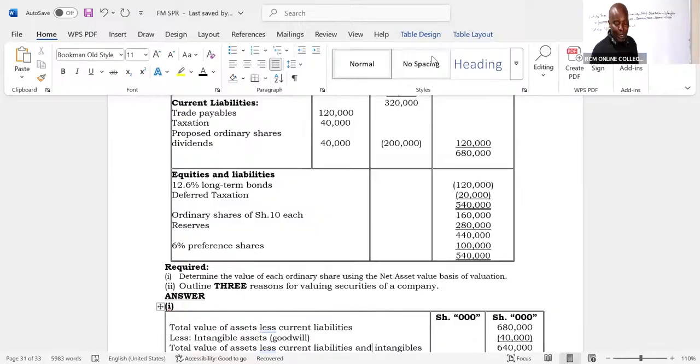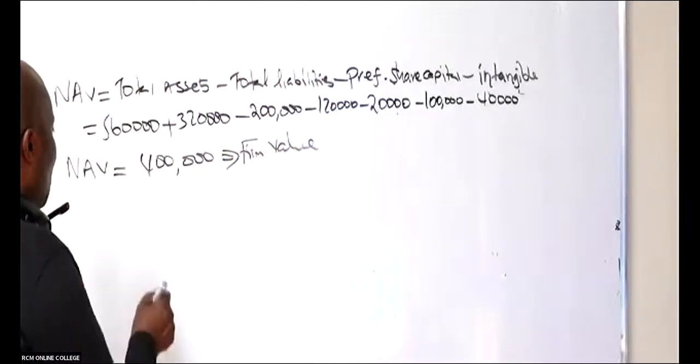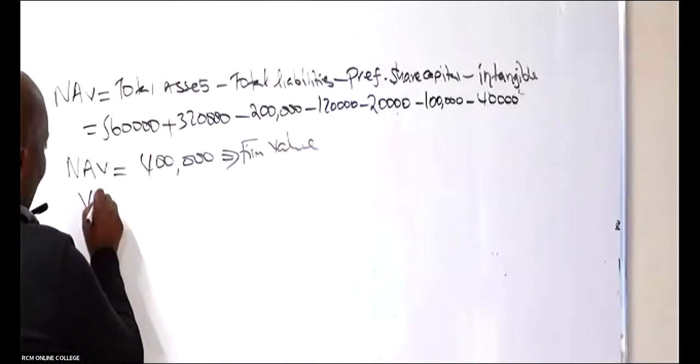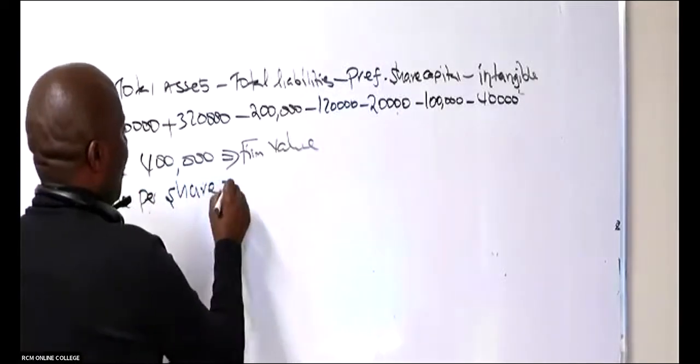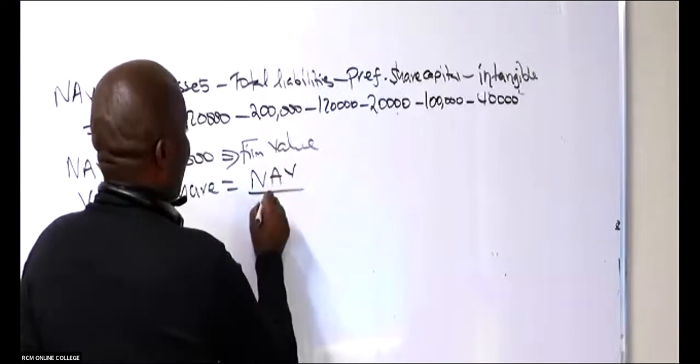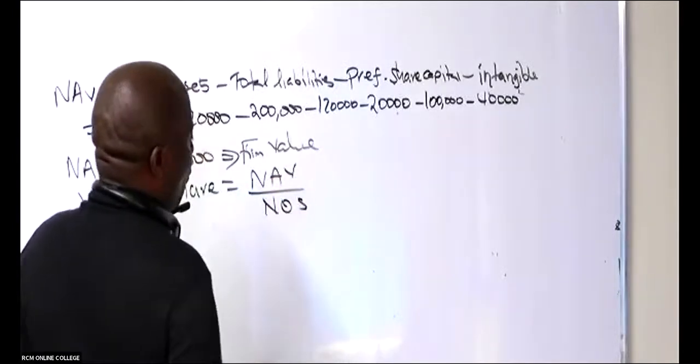So the value per share will be equal to NAV divided by number of ordinary shares.